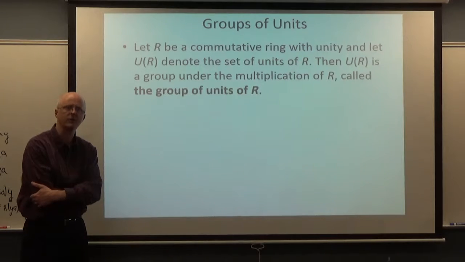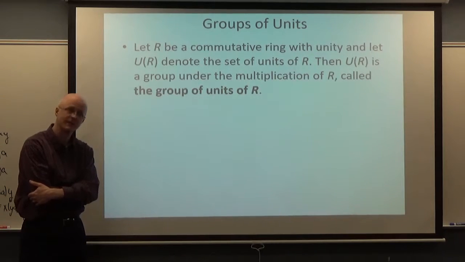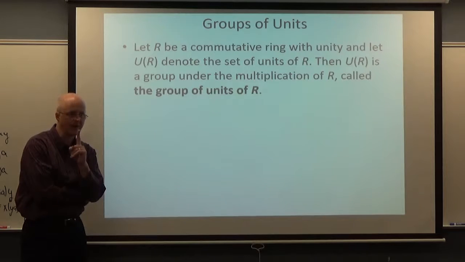It's a group under the multiplication of the ring, is what I'm trying to say. Got that? The elements of U of R are the elements of R that are units, that have multiplicative inverses, which would not include 0 for sure.